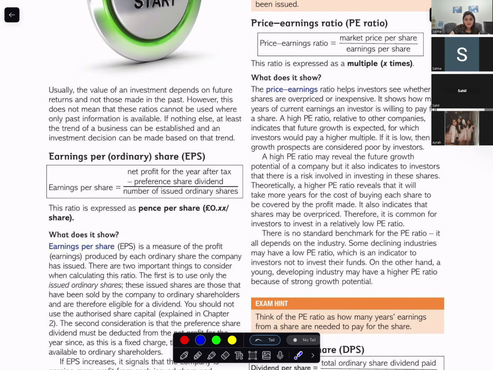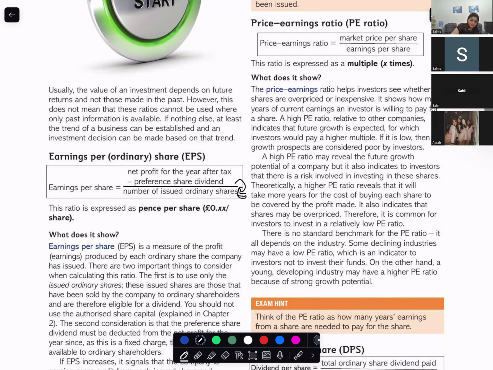You are not actually coming to the main thing. What is the profit that each ordinary shareholder will get? How much money per share is every shareholder going to get?